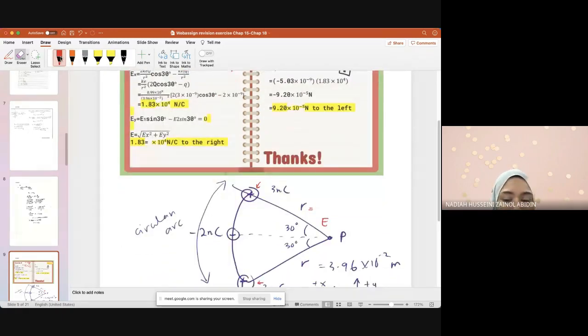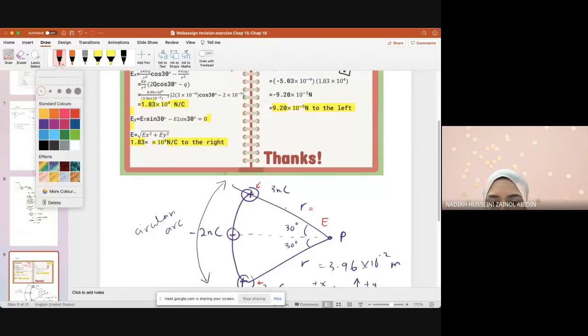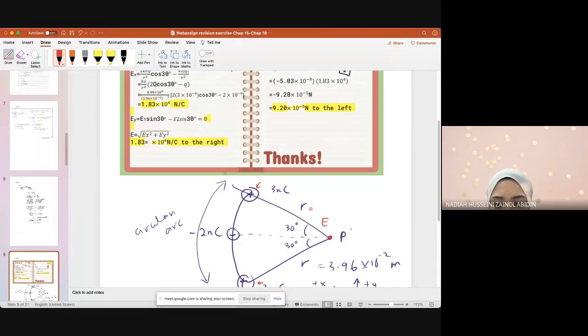So there will be an x contribution towards this point. For this type of question, what is the direction of E?